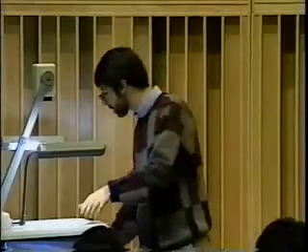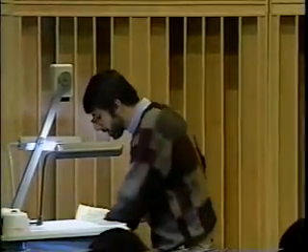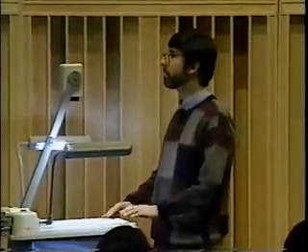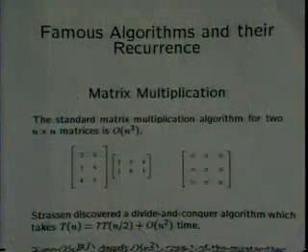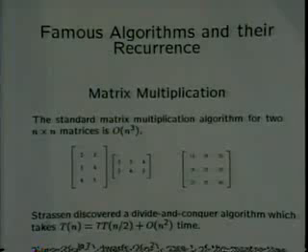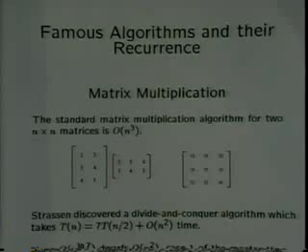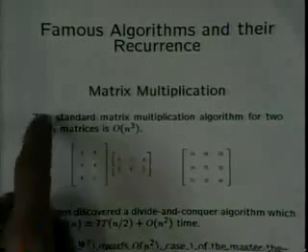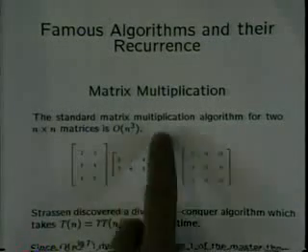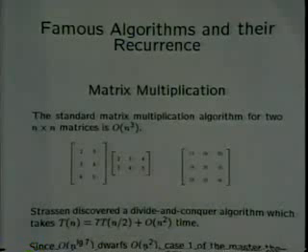What I'd like to finish with are 3 examples of famous algorithm problems, for which the master theorem could tell you how fast the time actually is. What is the first problem? The first algorithm problem is matrix multiplication. Everybody's multiplied matrices together. If you have an n by n matrix and you're multiplying it by an n by n matrix, how do you do it?